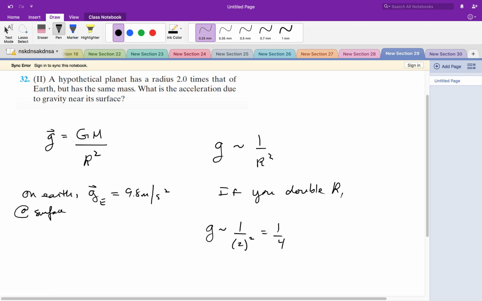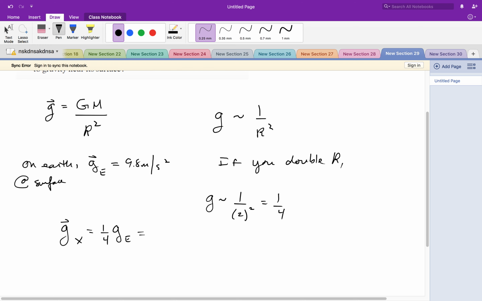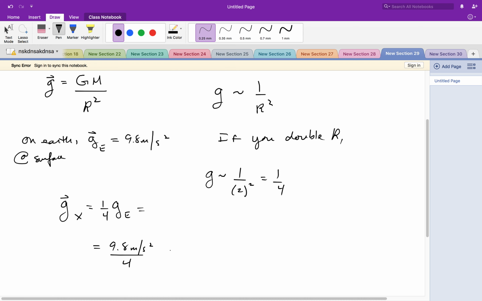So this new g on planet X should just be 1/4 g on the Earth, which is going to be 9.8 meters per second squared divided by 4, which I think is 2.45 meters per second squared.